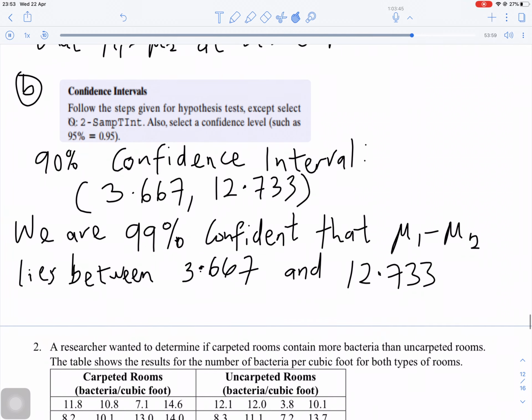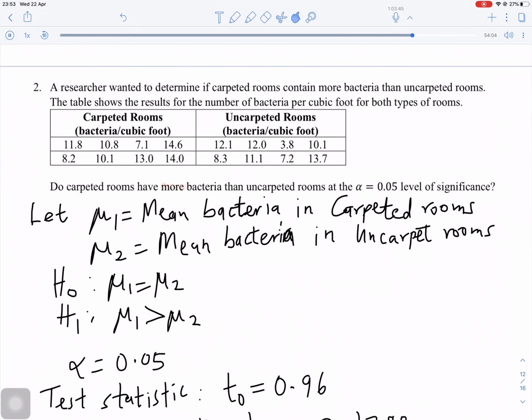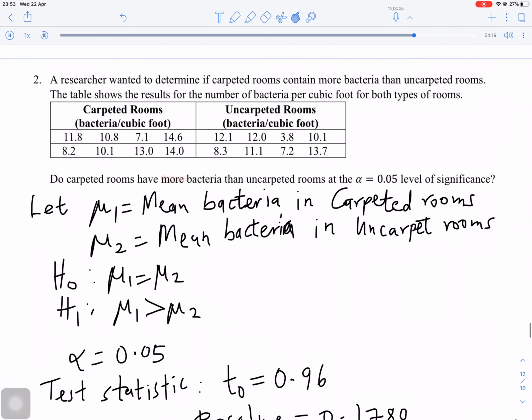So we go to question 2, and this reads, a researcher wanted to determine if carpeted rooms contain more bacteria than uncarpeted rooms. Now the table shows the result for the number of bacteria per cubic foot for both types of rooms. So we have different rooms.